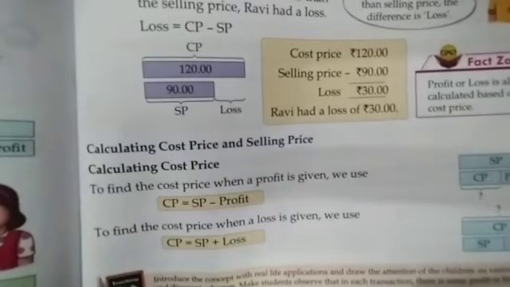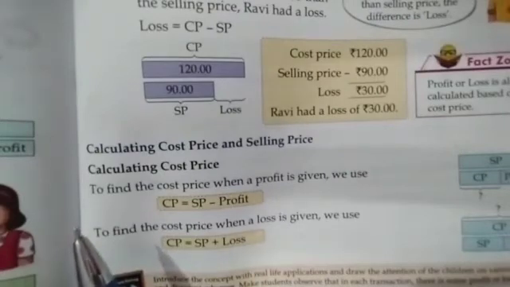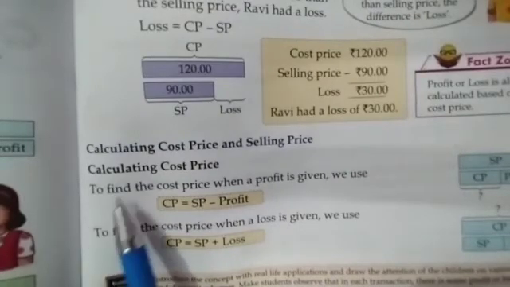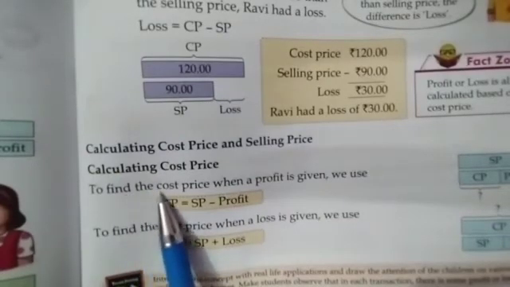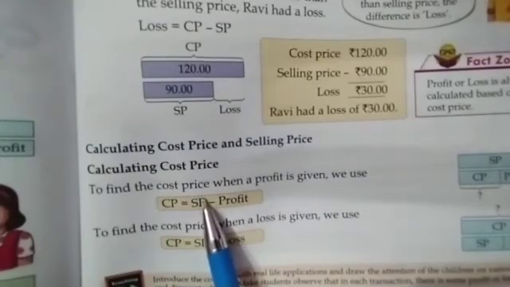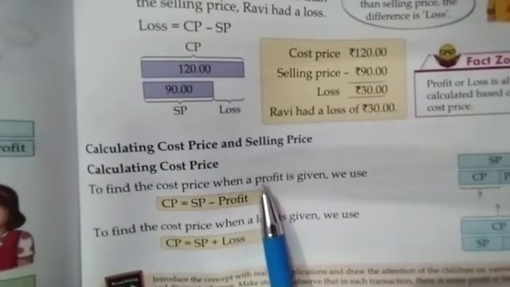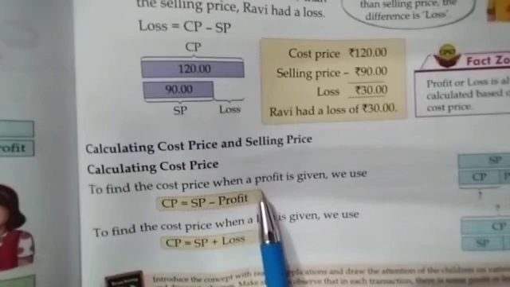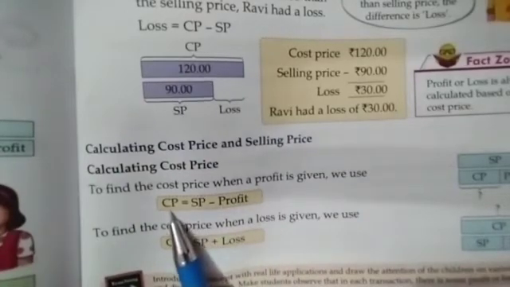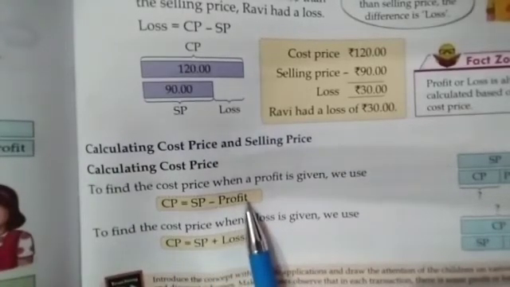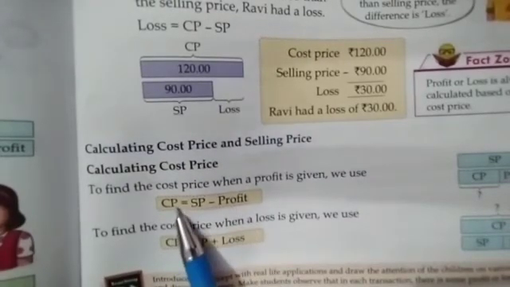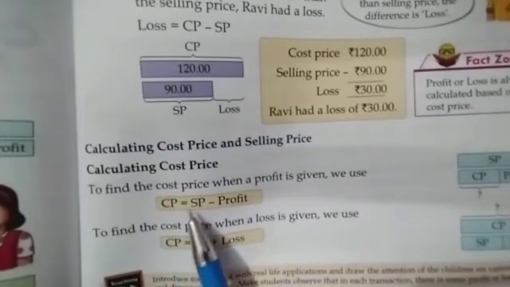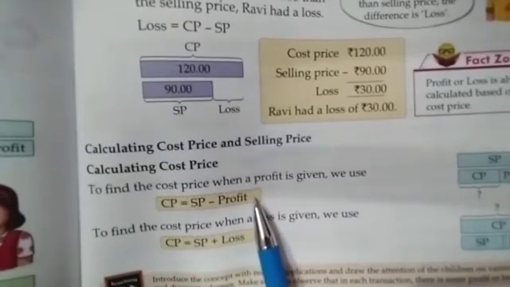Now we calculate the CP and SP. First we calculate CP. When the selling price and profit are given, then CP equals SP minus profit.